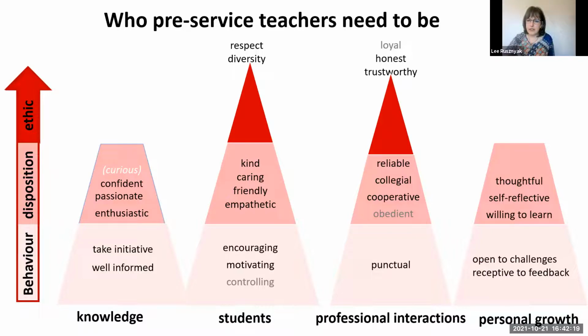The last big cluster was personal growth, a cluster of dispositions. In the rubrics, we found being open to challenges, being receptive to feedback, being willing to learn, a whole lot of things like that. And these condensed into dispositions like being thoughtful, being flexible, being self-reflective.